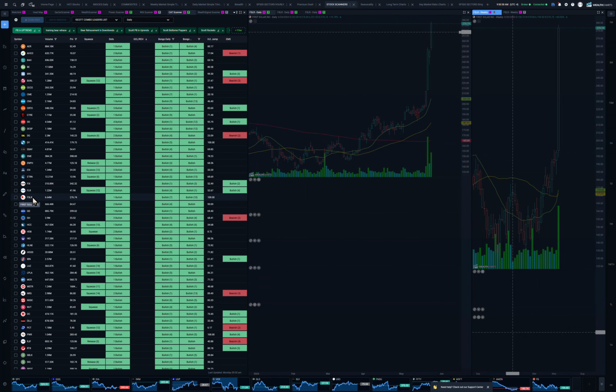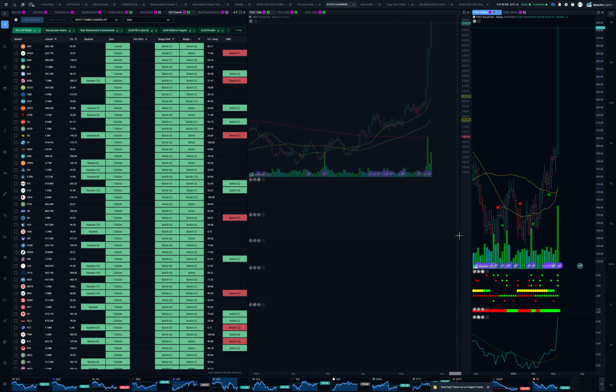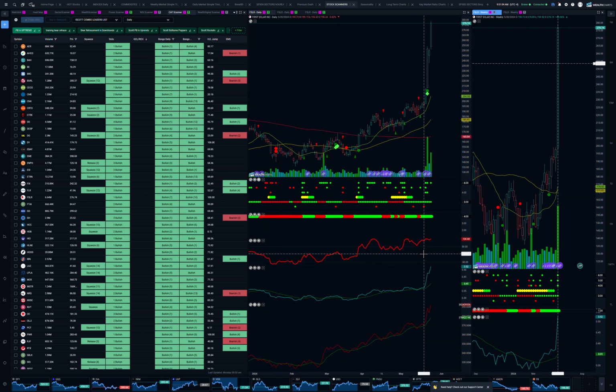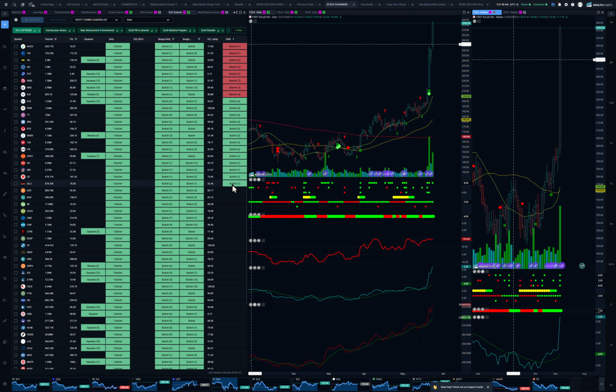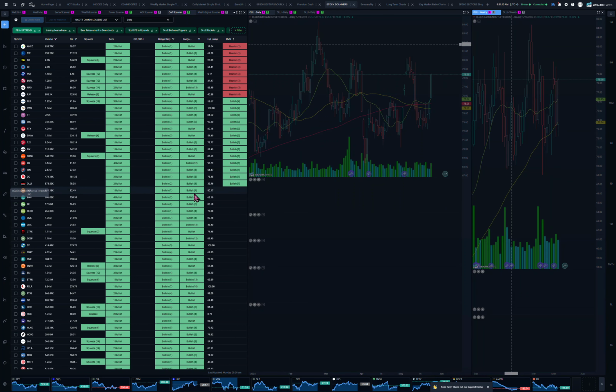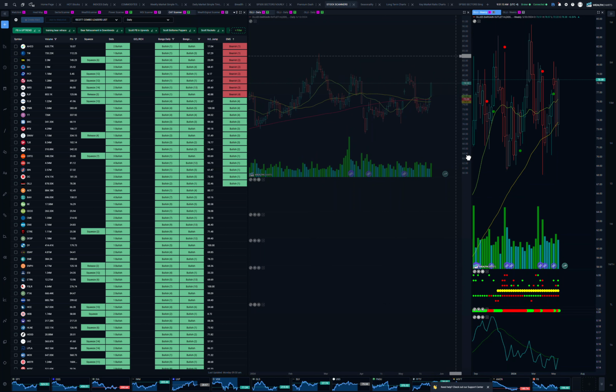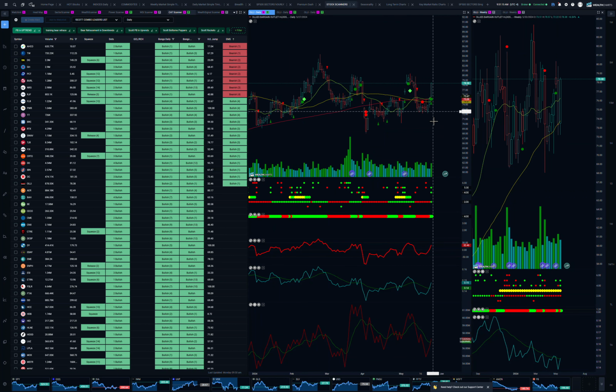This is an extended stock. The high-low jump's 100. Of course it's extended. It's First Solar. Had a great week. All right. And then my EMS signal and how many days since it fired. This is one that fired on Friday. You could see that there.